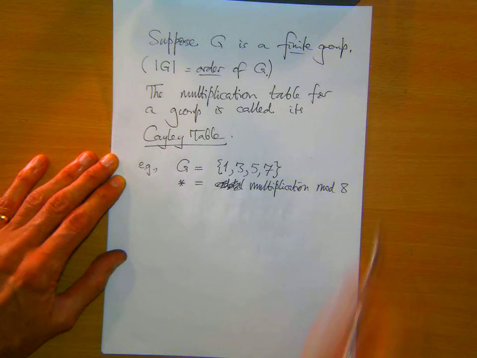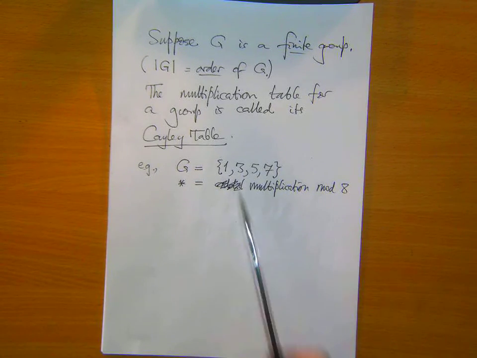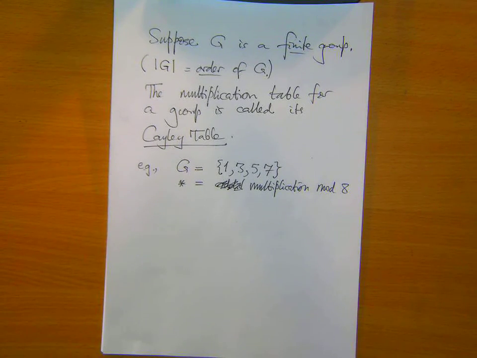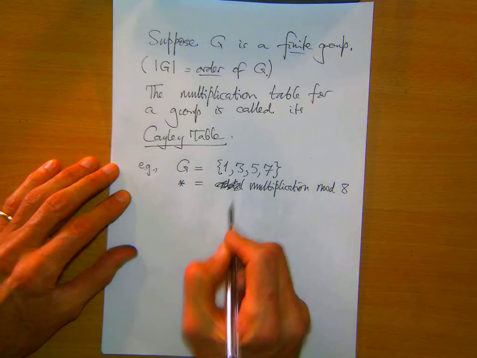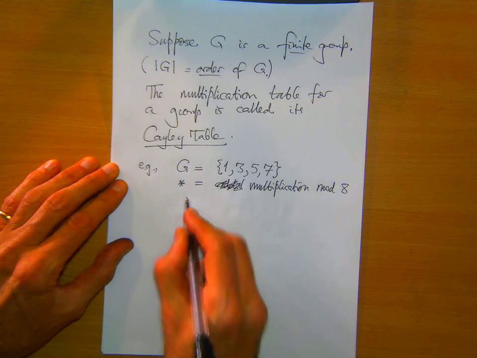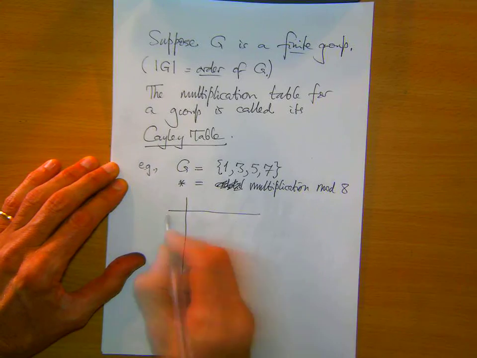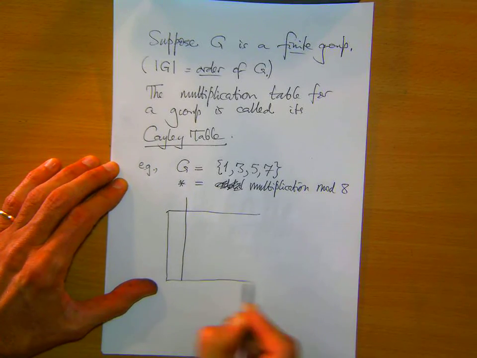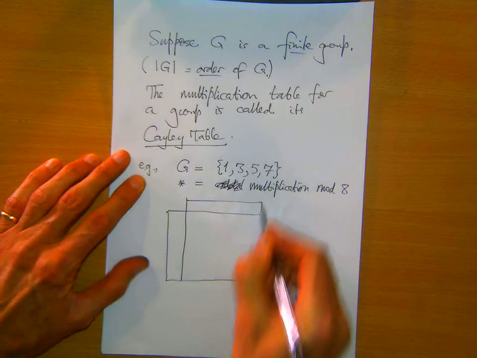As we explained in the tutorial yesterday and we've mentioned before, these aren't really numbers, they're equivalence classes of integers, which we can multiply modulo 8. So the Cayley table for this, we actually drew in the tutorials.